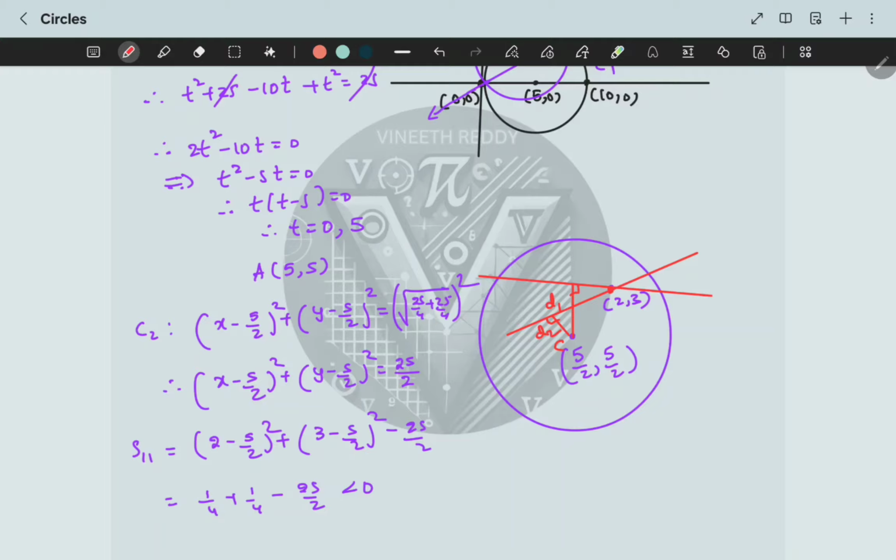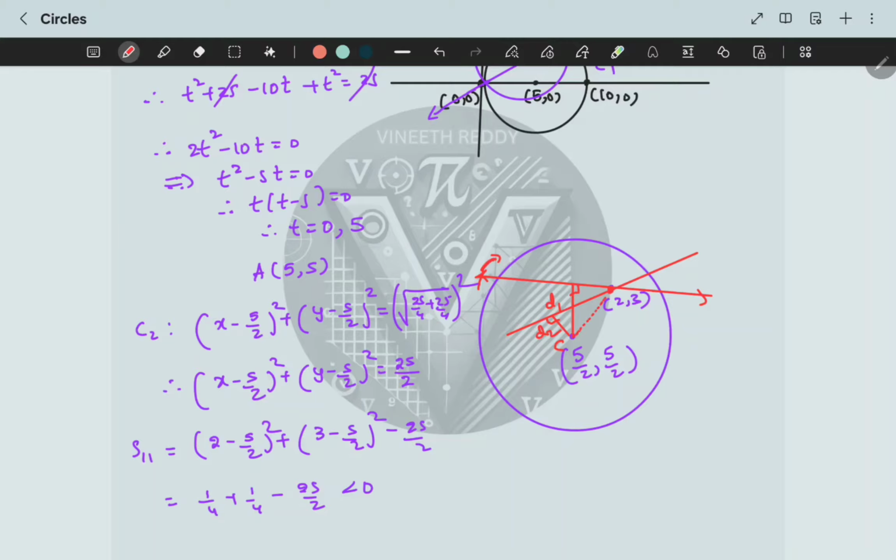See, you can think in this direction. We can try rotating this line. There will be one chord, think about it.